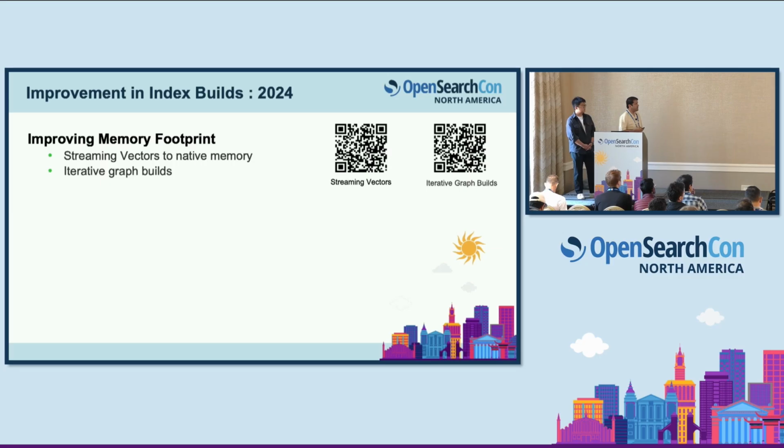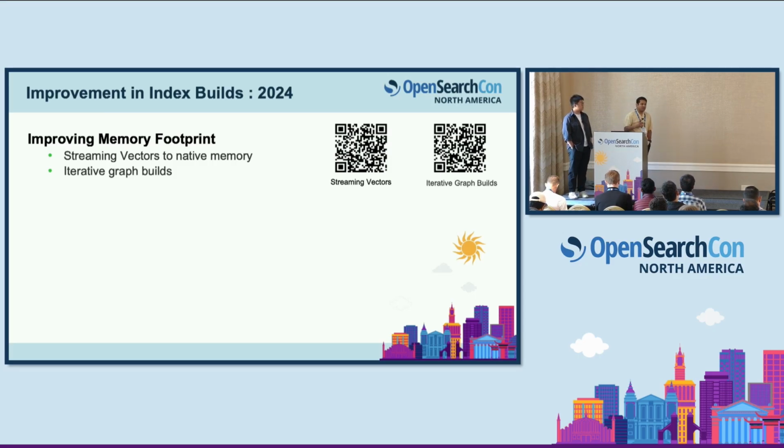The first improvement that we did was we improved our memory footprint. There are two main features that we have added: streaming vectors to the native memory, and the iterative graph builds. Just to give a background on what was happening: in OpenSearch, as you know, the vector files are present at a segment level, and then there are periodic background merges.